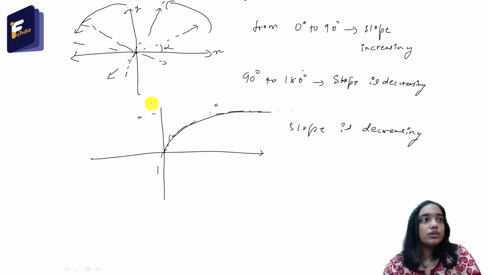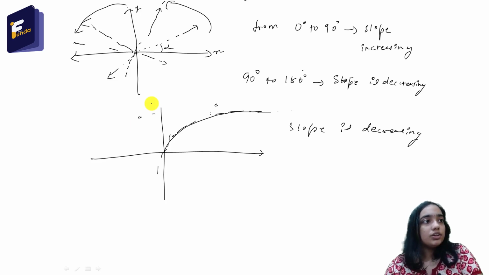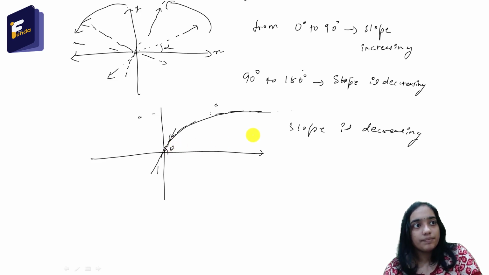Also, you can use the trick that from 0 to 90 degrees the slope is increasing. Initially the line has an angle, let's say theta, with the x-axis.